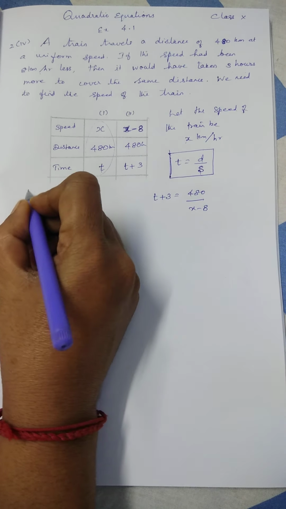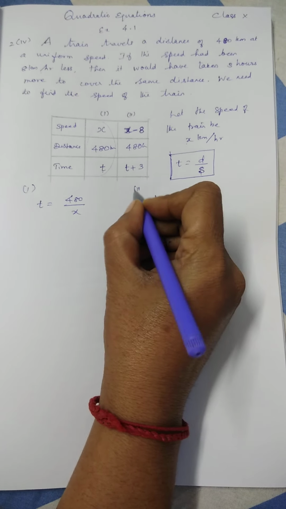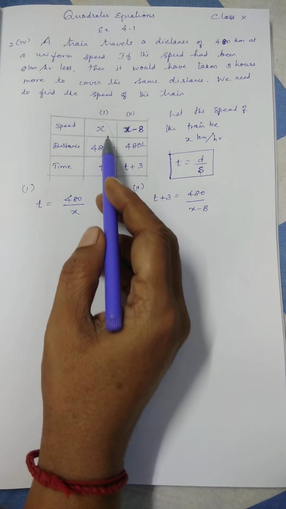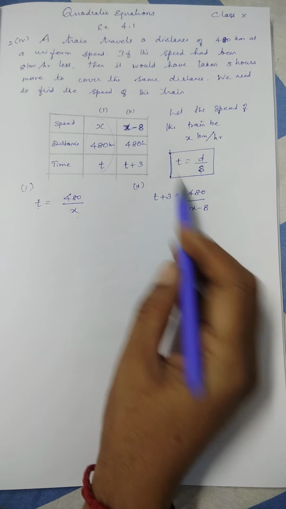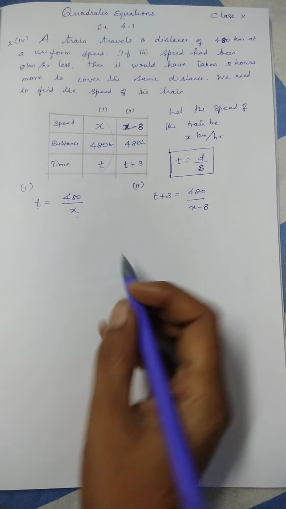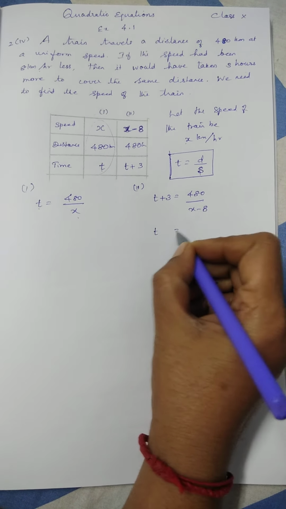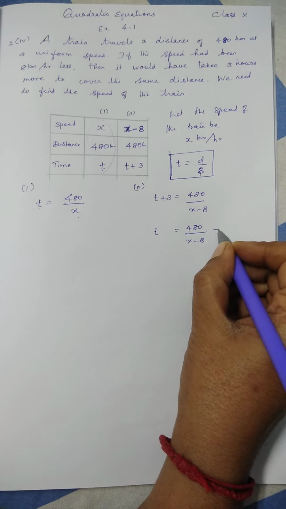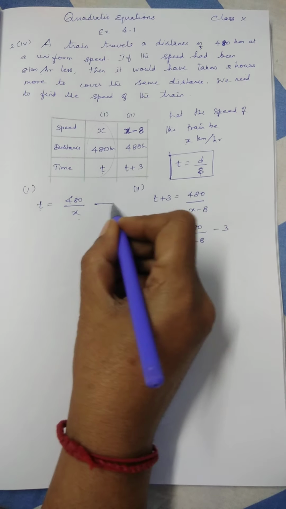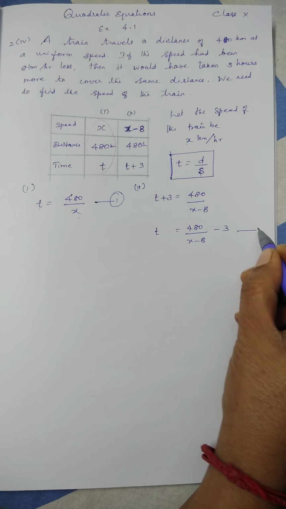So t is equal to 480 by x minus 8, minus 3. Let this be the first equation and this the second equation.